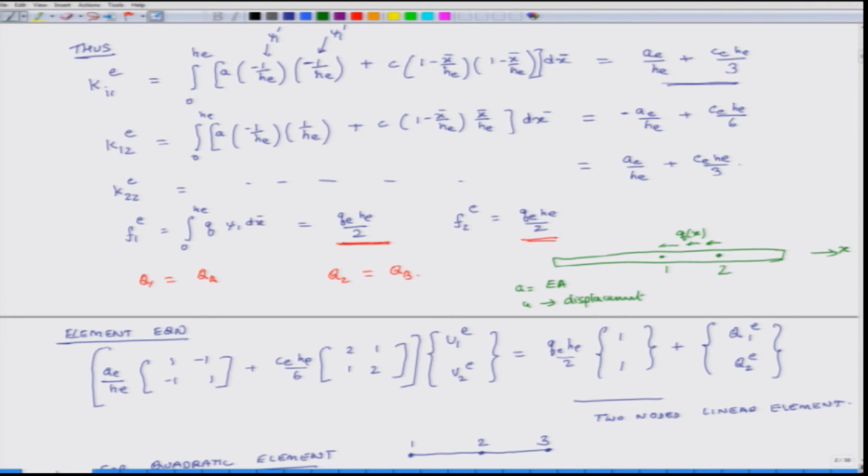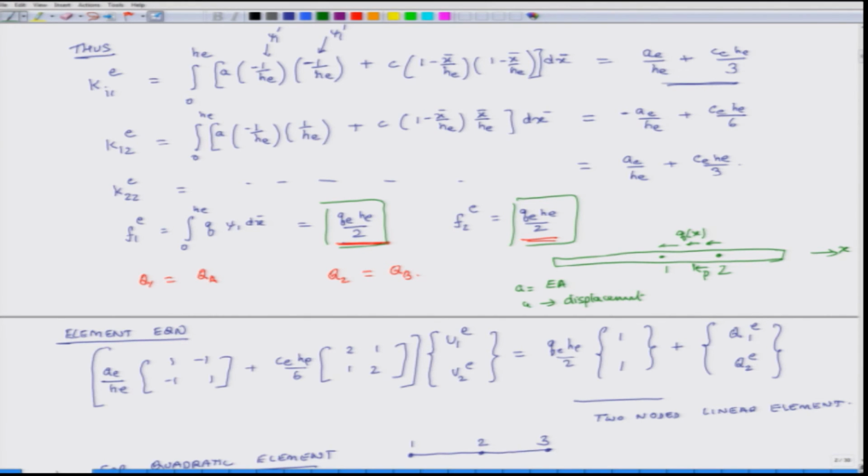Okay. So that is the meaning of this QE times HE over 2. This represents the total external load because of distributed load. Suppose I also had a point load P at this point, then that P I have not factored into it, because here all I am talking about is Q.